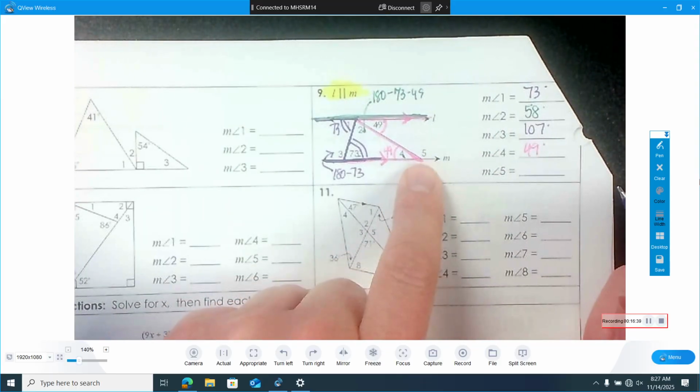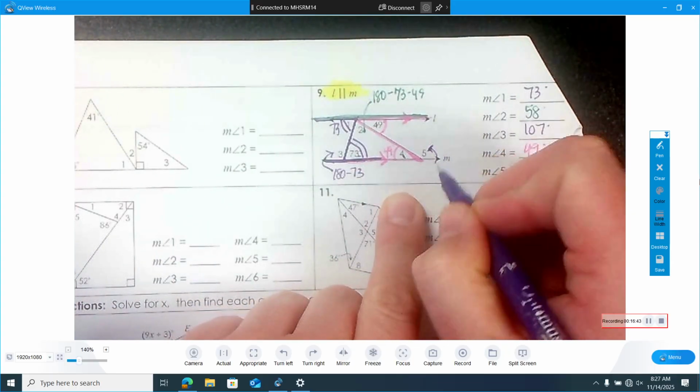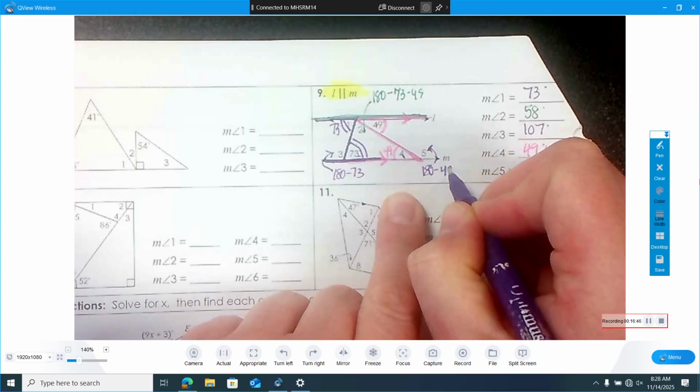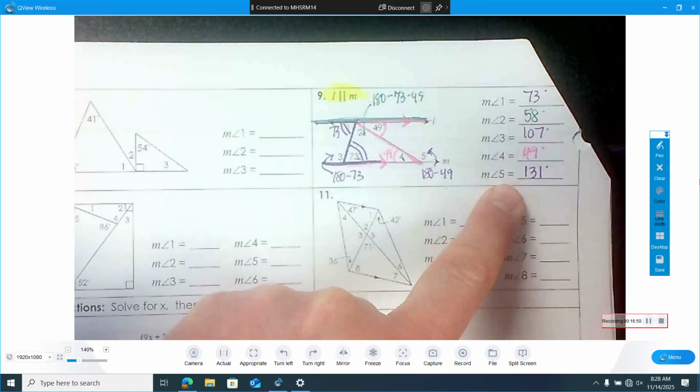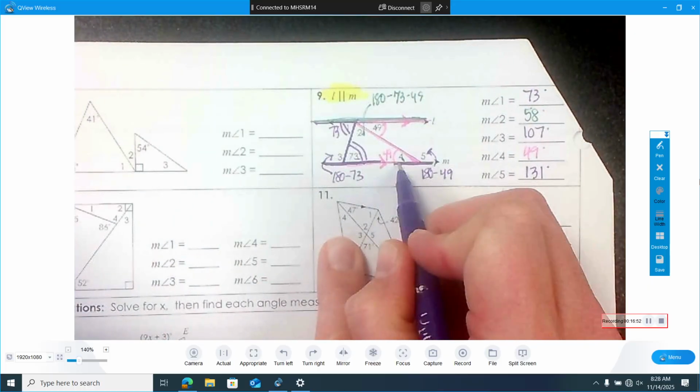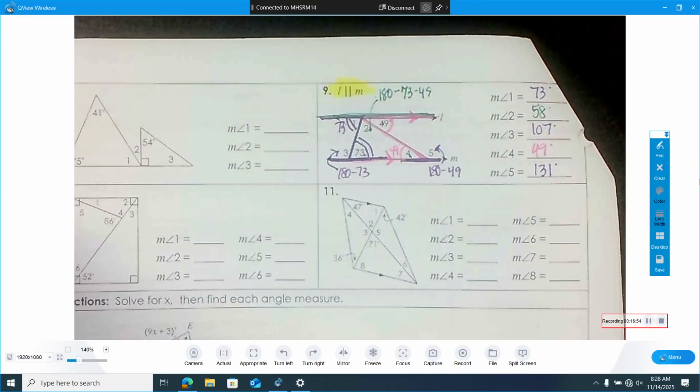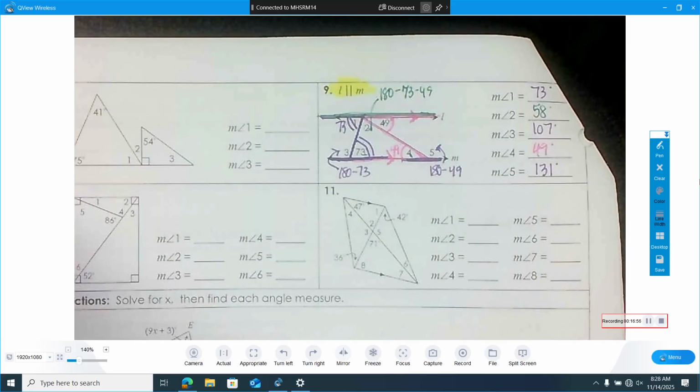Same for number 5. What is number 5 going to give you? 131. 180 minus 49 gives you 131. Again, because we have a linear pair. They are adjacent on the straight line, so they add to be 180. Okay. Very cool.